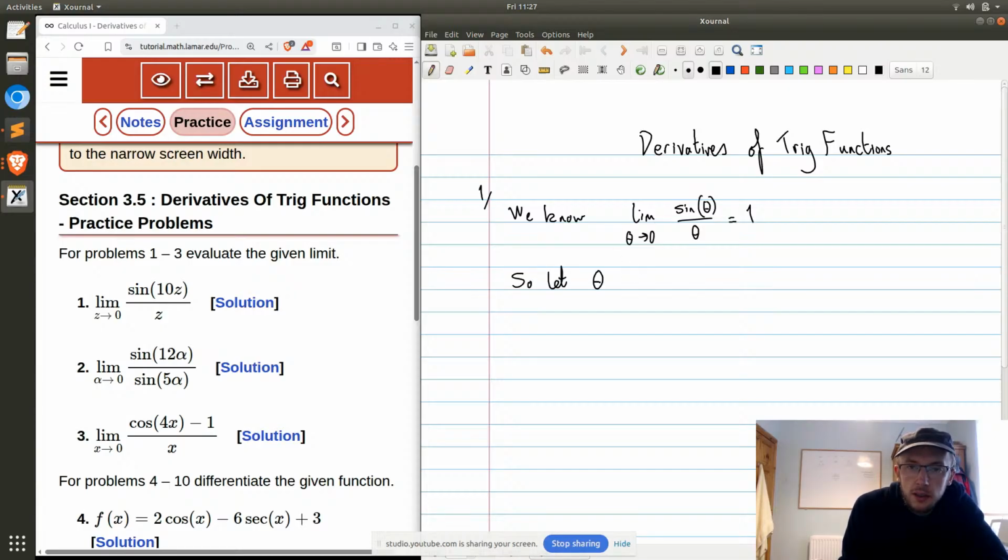So let theta equal 10z, then I suppose I can rewrite this as the limit as theta approaches 0 of theta over 1/10 of theta, right? That's true, isn't it?